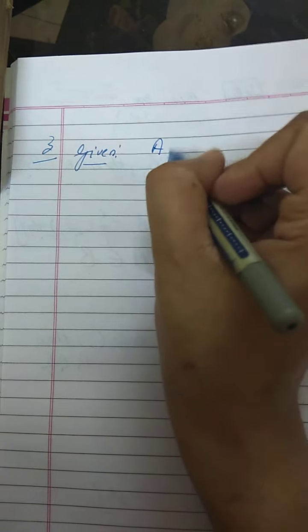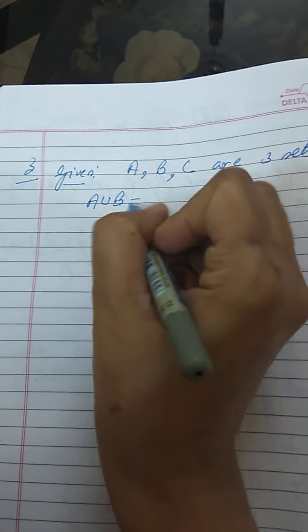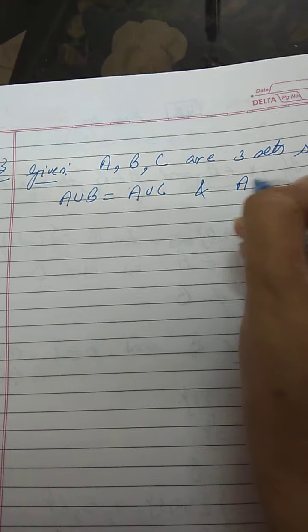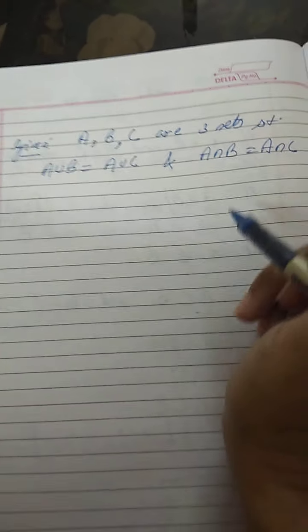Given: A, B, C are 3 sets such that A union B is equal to A union C, and A intersection B is equal to A intersection C.